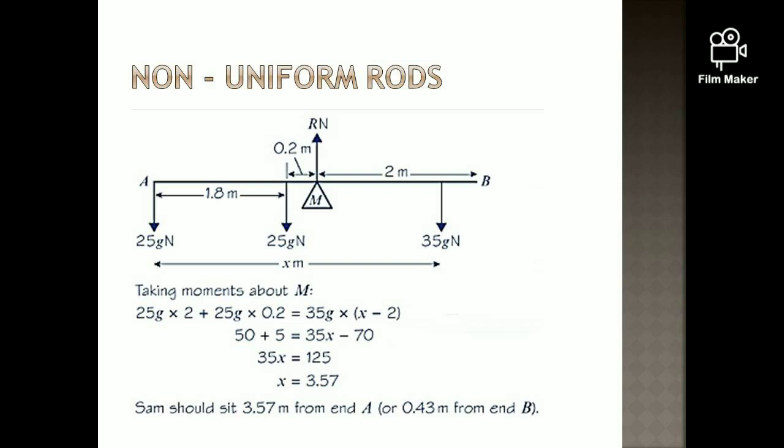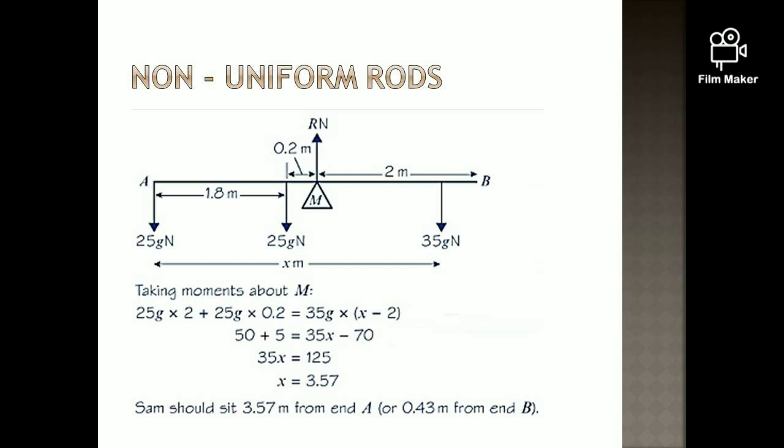If you repeat it again, M is the midpoint of rod AB. That means the length from A to that point is 2 meters. Then the length from A to the center of gravity is 1.8. Therefore, the length from M to the center of gravity is 2 minus 1.8, that is 0.2 meters. From B to M is also 2 meters, right?